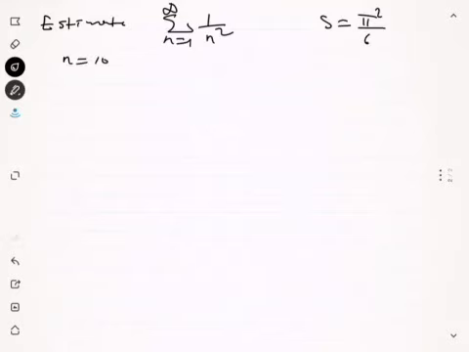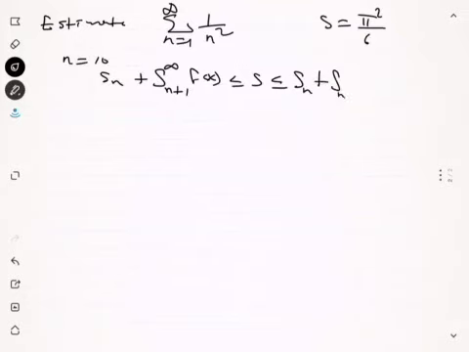Using the inequalities that I just described, remember it was sn plus the integral from n plus 1 to infinity of f of x, then s, and then sn plus the integral from n to infinity of f of x dx, like this.